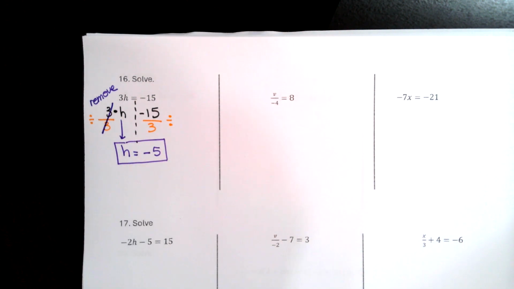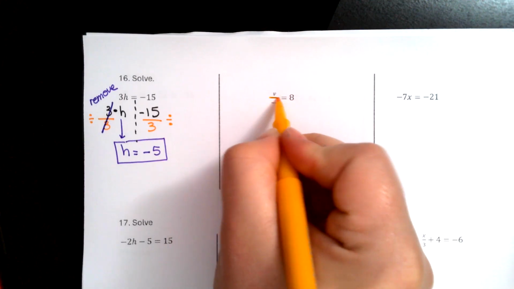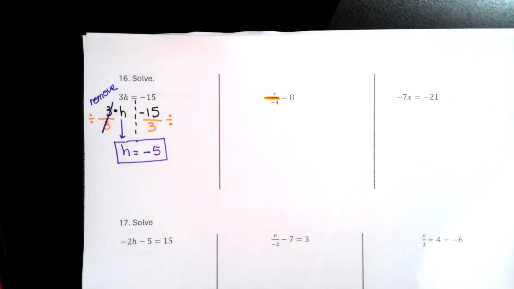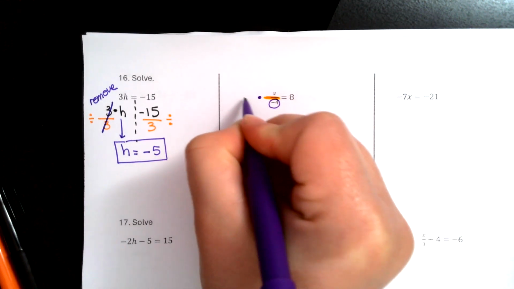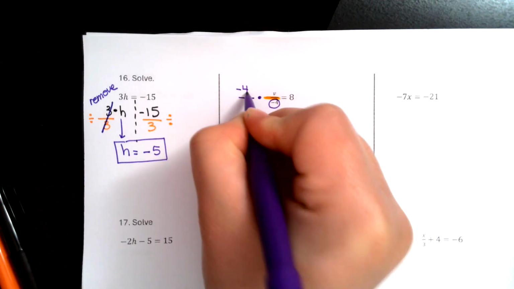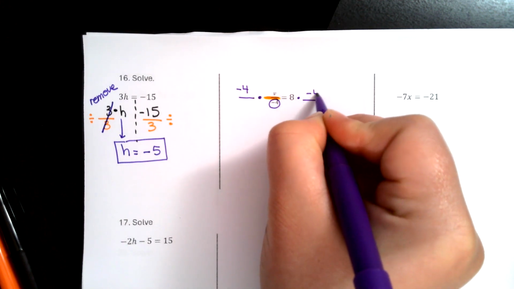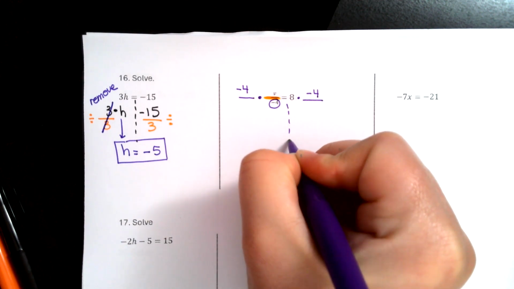Now, if you see a division, so notice that there's this line here. That means you already have division. You don't divide anymore. Instead, you're going to pick up the number that's in the bottom, and you're going to multiply that number both sides. Dotted line for balance.